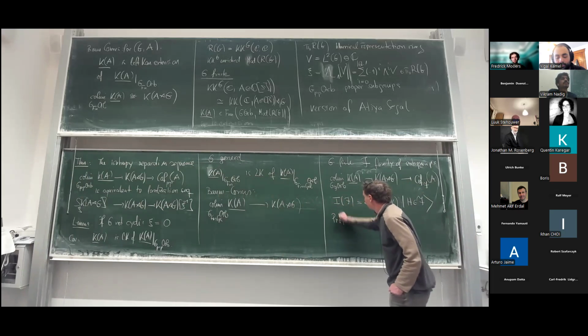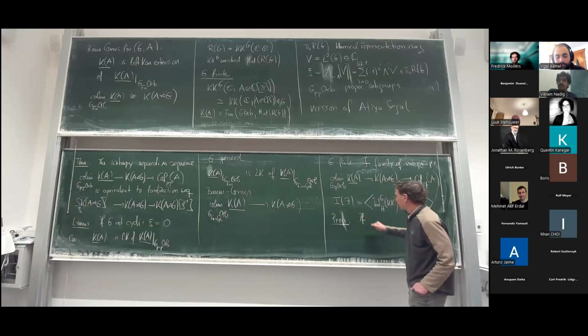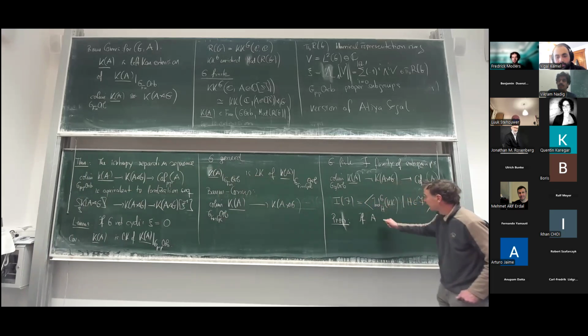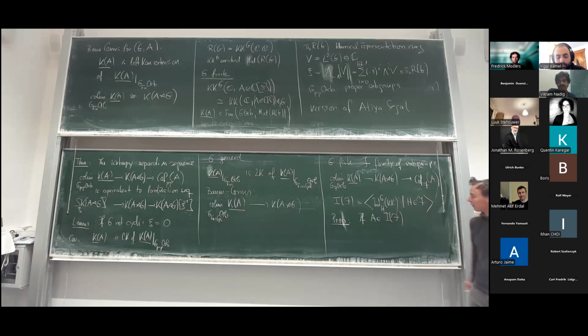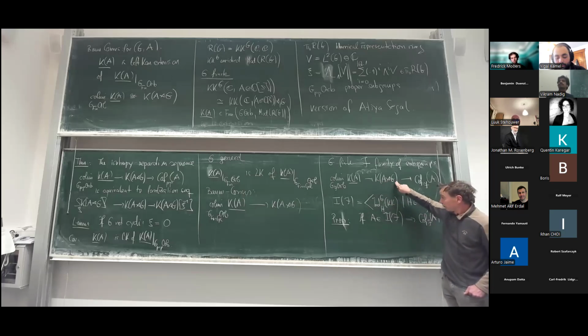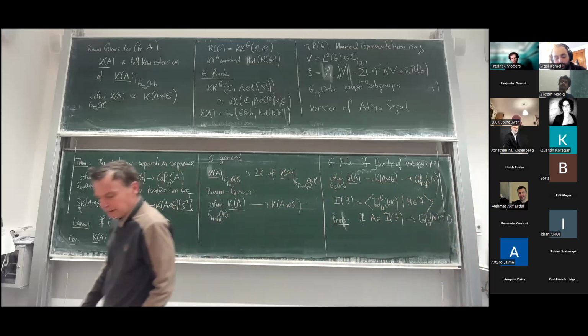Fact: if A, now viewed as a KK class, is in this localizing subcategory, then the co-fiber vanishes. In other words, if A is in this family, then we can calculate the crossed product using a colimit over the orbit category of this family.